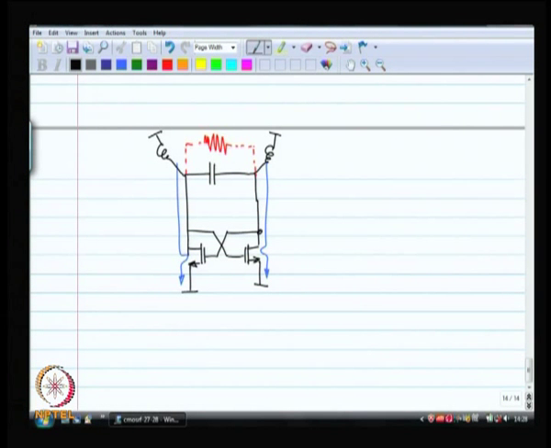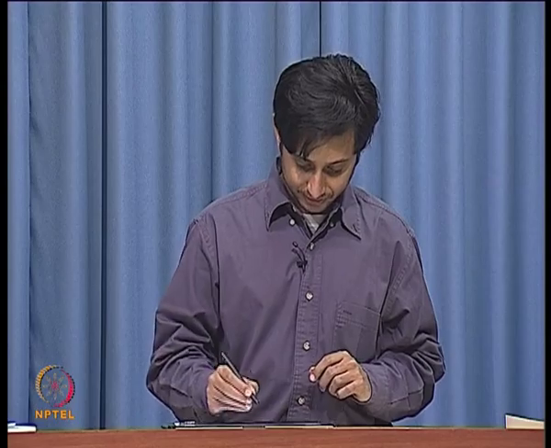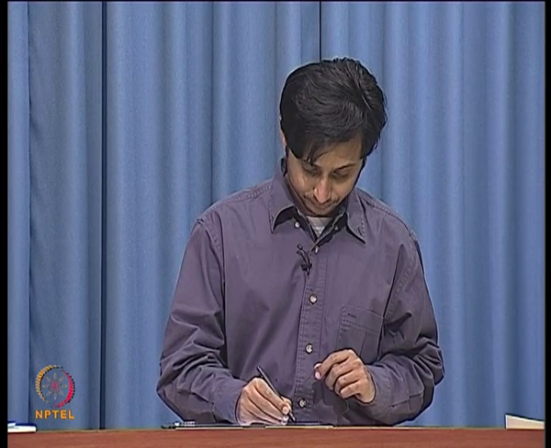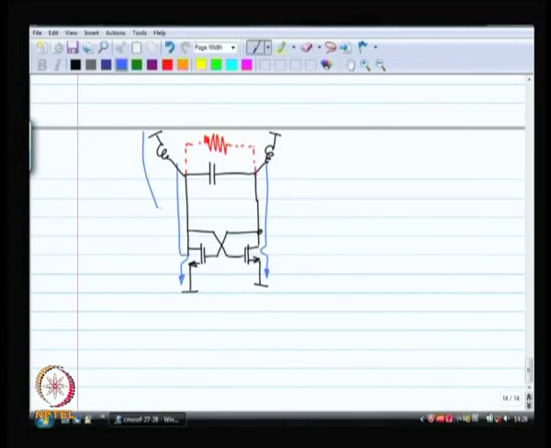Okay. So, as far as the differential mode picture of this entire inductor capacitor resistor combination goes, this is what you have.